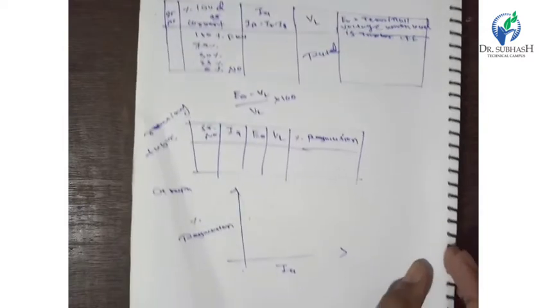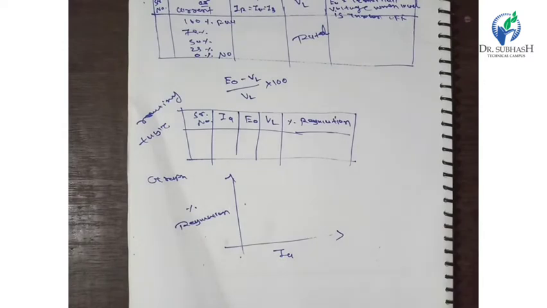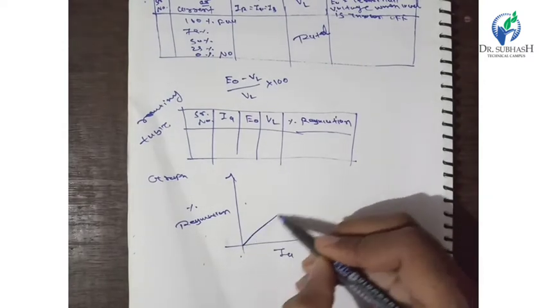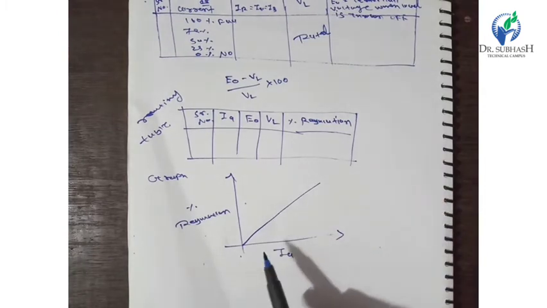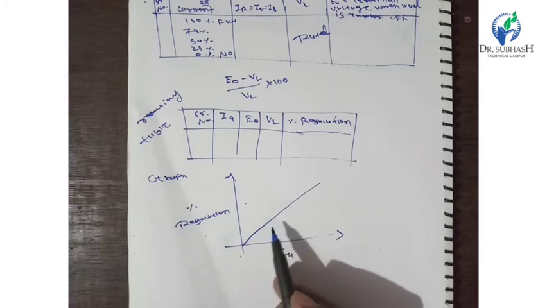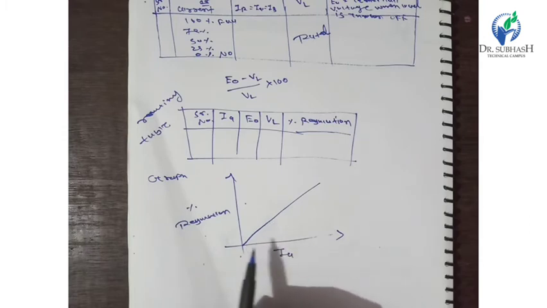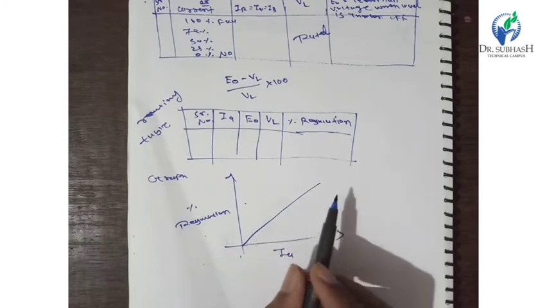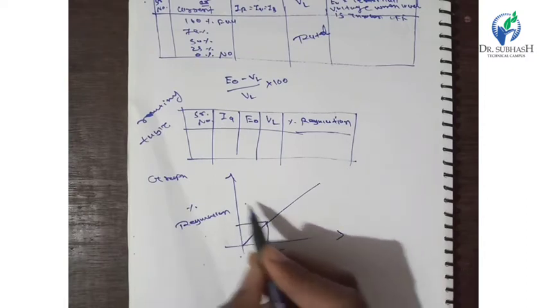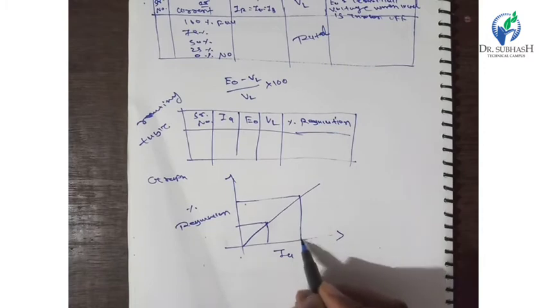This graph is linear. When the armature current is increased, the percentage regulation increases in the same direction. So this graph is known as a linear graph.